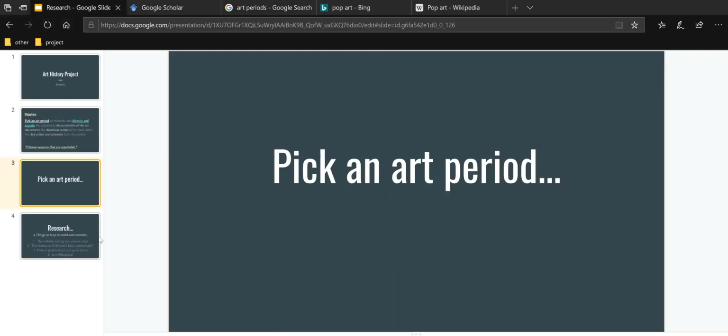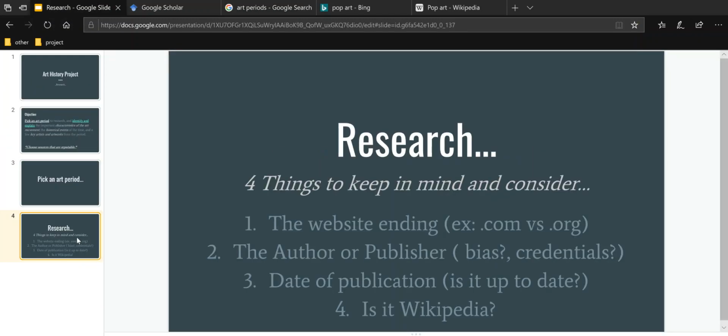So the second step is to do the research. When you're doing this, there's 4 things to keep in mind and consider. 1, the website's ending. This will give you a good indication of the credibility of the source. It's not always the case, but it's a good hint. So .com, that's a commercial website, whereas .org is either an organization website or a website made by anyone.